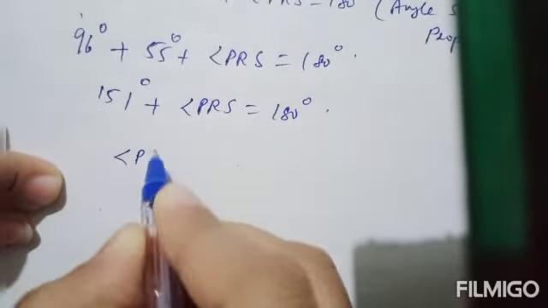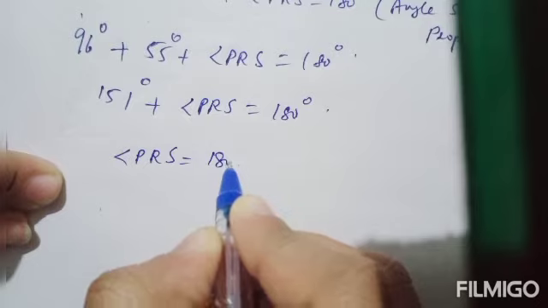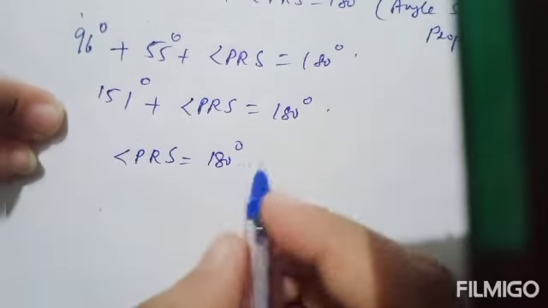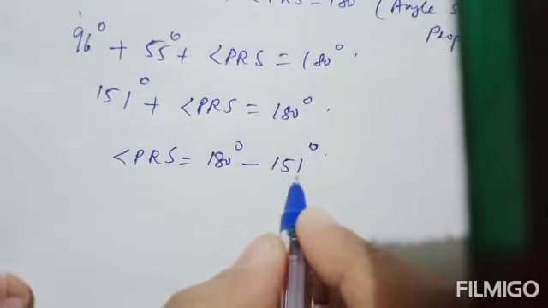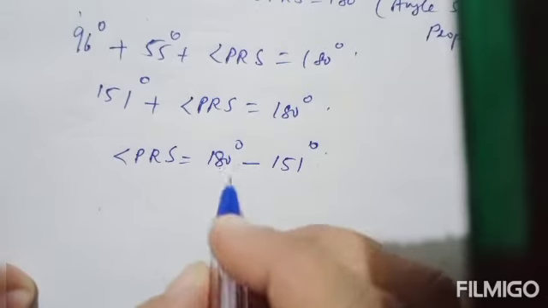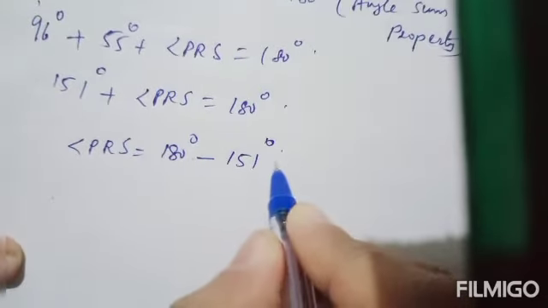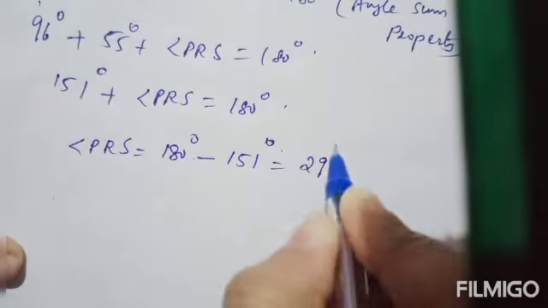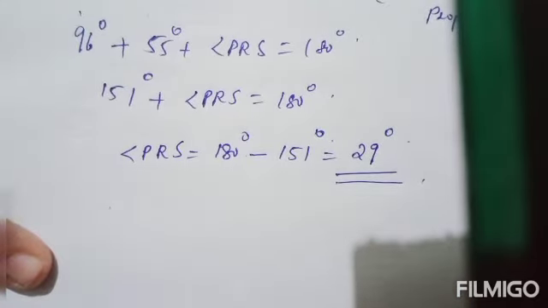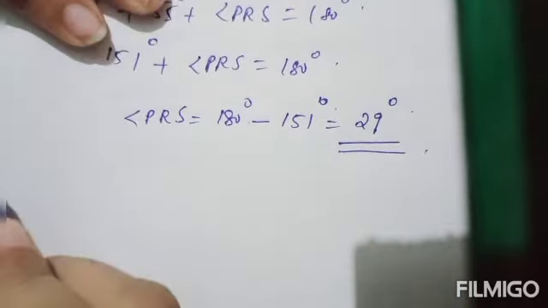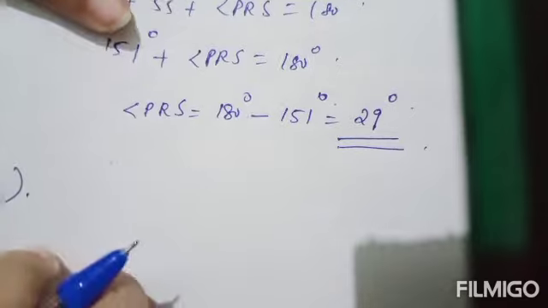So how can you find angle PRS? This 151 degrees you can take to the other side, so minus 151 degrees. 180 minus 151 degrees, you will get 29 degrees. So angle PRS equals 29 degrees. Third question, angle PSR.